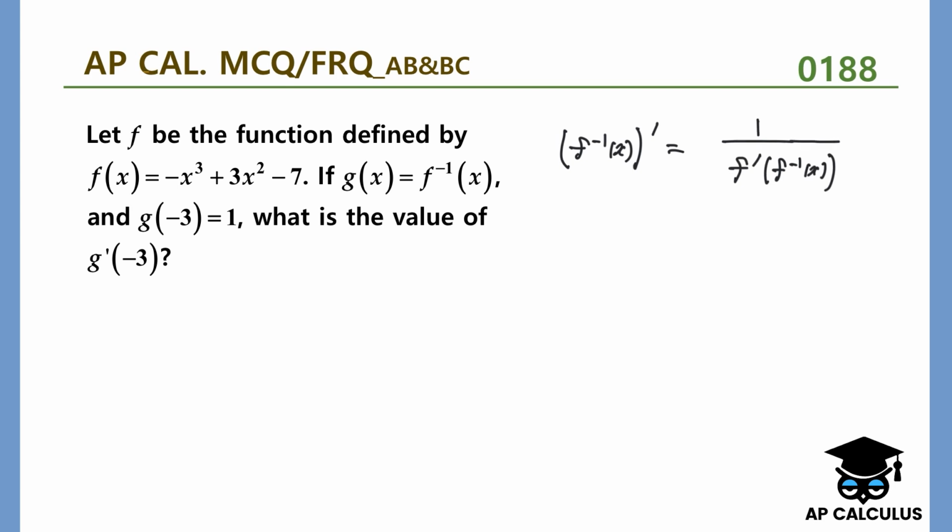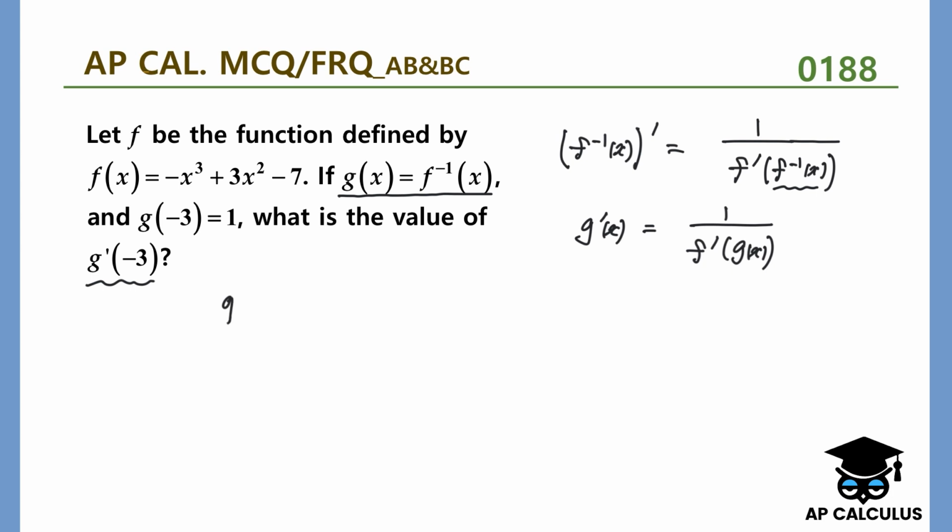That's the formula, right? So here, if g is equal to f inverse, then we can write g prime of x is equal to 1 over f prime of, instead of f inverse, I'm going to write g of x, right? We're trying to find g prime of negative 3.